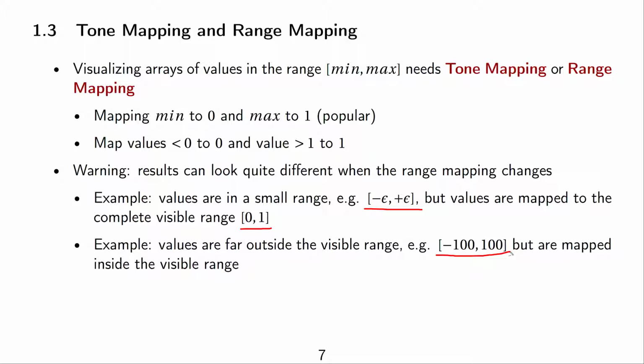So people pick different types of range mapping in their visualizations, and that makes it always a bit difficult to understand what exactly is going on. Sometimes people compute range mapping for one particular image. Sometimes they visualize a collection of images and have one fixed range mapping where they maybe do a mixture between compressing the range and clamping, but I'll just leave that as a general warning.